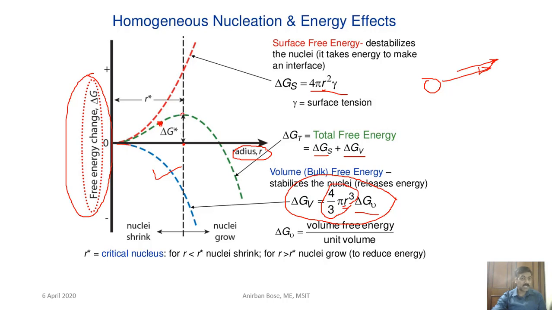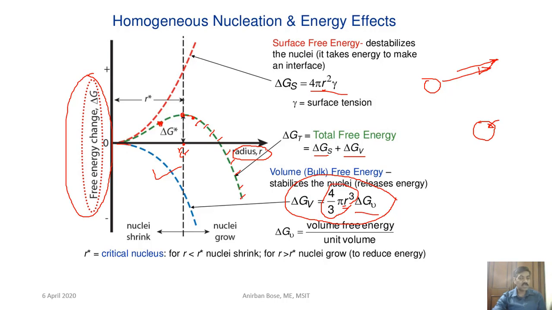Okay, but after reaching this point, after reaching this critical radius, this is the critical radius. After reaching this value, if one atom gets into that particular particle, the radius of that particle will increase, meaning its free energy will decrease. Further and further it will decrease as the radius is increasing, and that is favorable to the system because the free energy is decreasing.